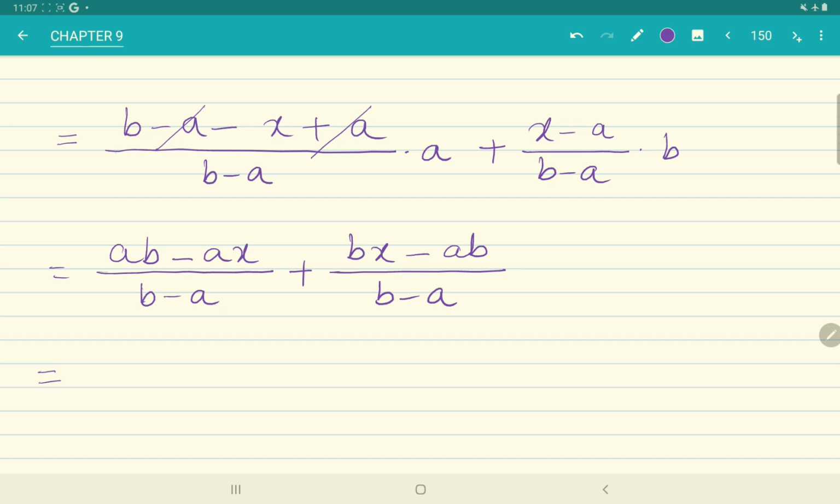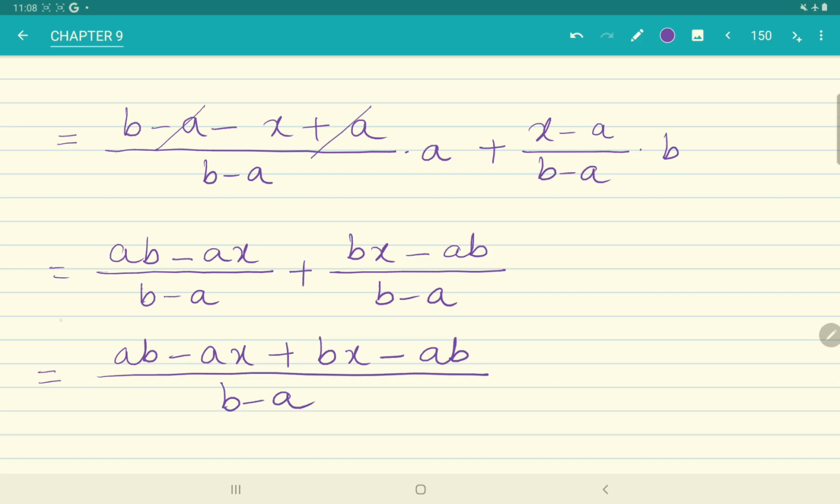So that gives us ab minus ax plus bx minus ab by b minus a. So what we have here is x times b minus a by b minus a, and obviously I know that b minus a is not equal to 0. That just means this is equal to x.